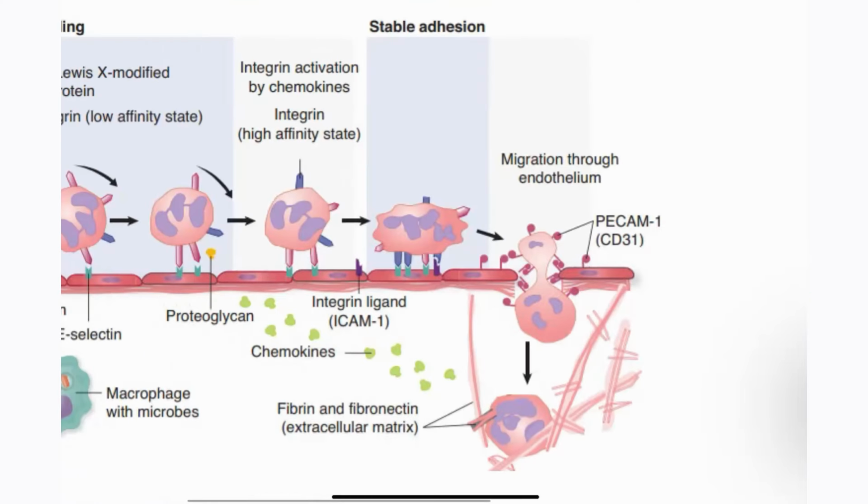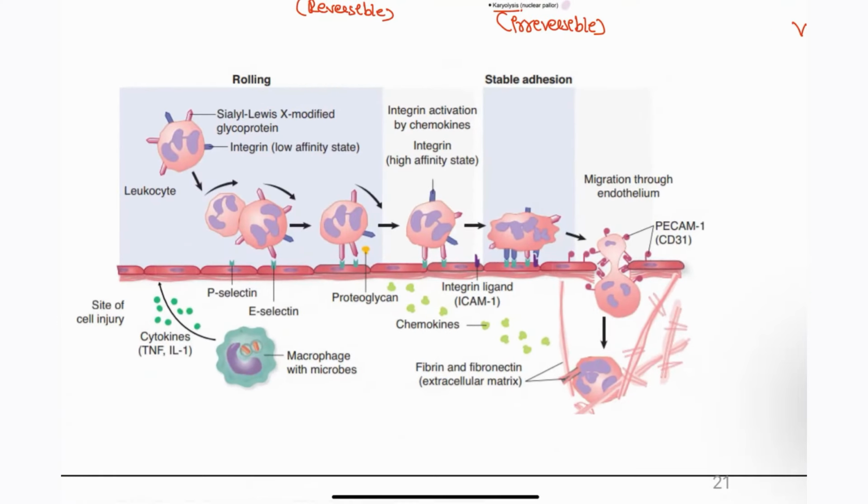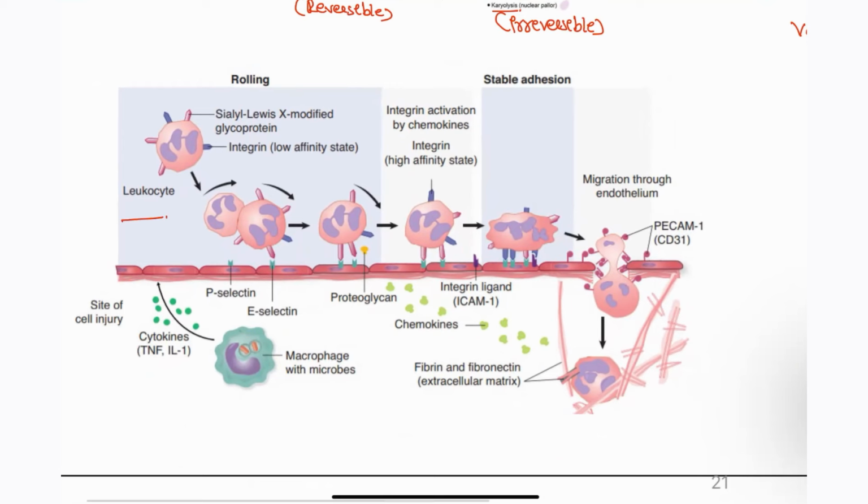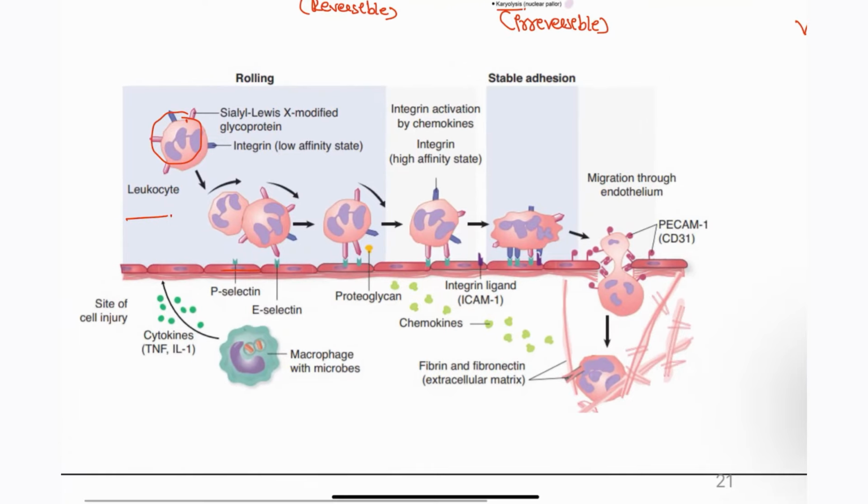So here you can see these are the events. First, this is the blood vessel, right? What happens? Immediately there will be a vasoconstriction. After the vasoconstriction there will be more vascular permeability. And this particular affected cell is going to come towards the endothelium, and this is the margination or pavementing. After that they are going to roll, and for the rolling they have sialyl Lewis X and integrins, which help the rolling, known as selectins.